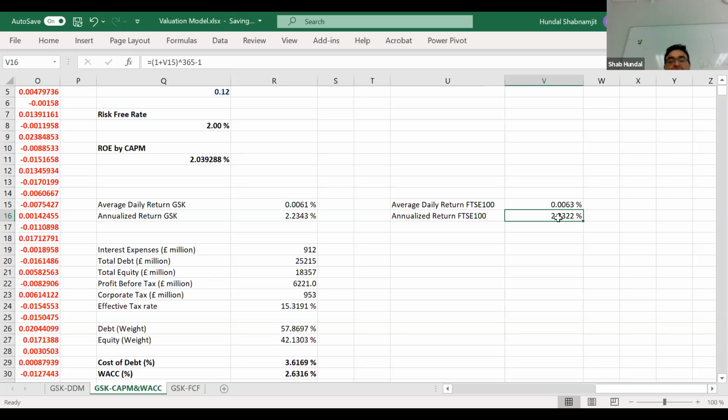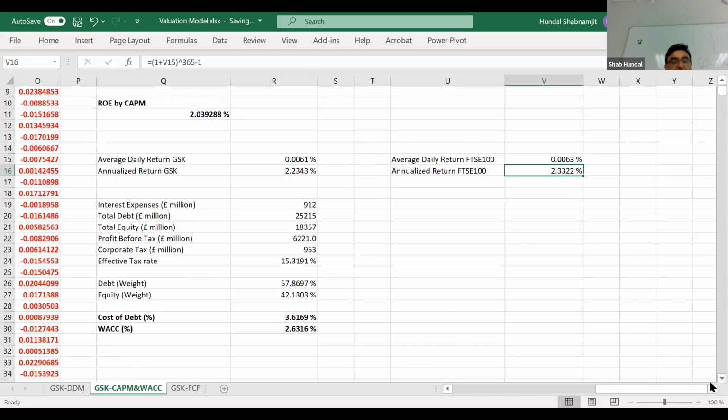And when you analyze it, it comes to be this. So when you see the return, no wonder GlaxoSmithKline is undervalued in comparison to the rest of the market. Make sense?